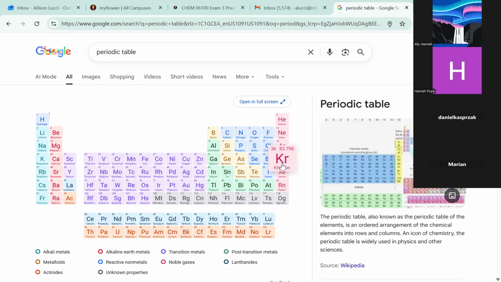So we start at krypton 36, and then we count over 6 electrons. So 1, 2, 3. This periodic table is kind of split in half. 4, 5, 6, until we get to molybdenum here. So this is answer choice E. Let's go back to the other document here.